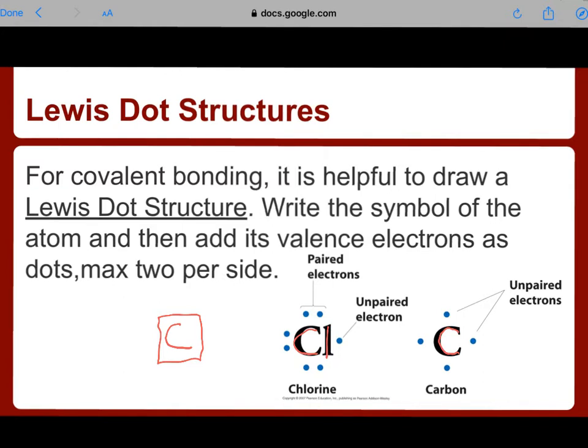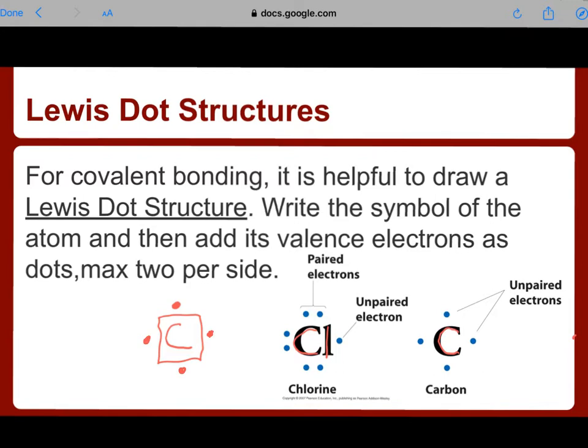So I'm going to start putting dots, and I recommend you fill in the dot a little. If you just do a little blip, sometimes it can be hard to see, or you might lose track of how many dots you actually have. So I'd make it more of a spot than a dot, really. So I'll just go around the carbon and put in 1, 2, 3, 4 spots for the 4 valence electrons.